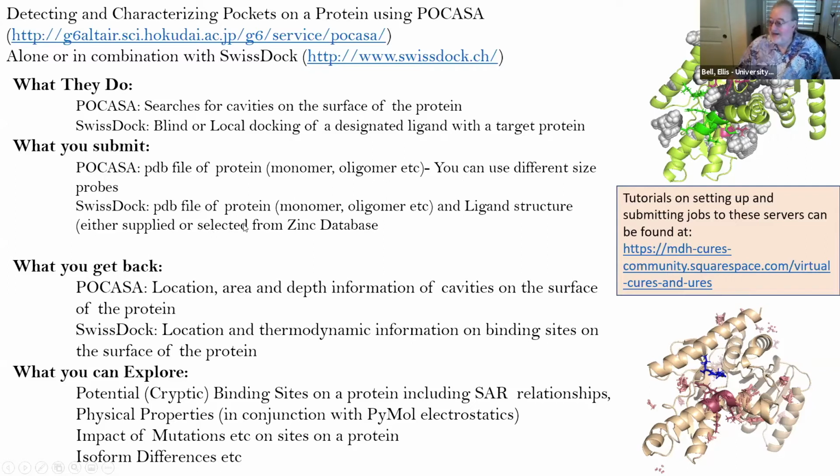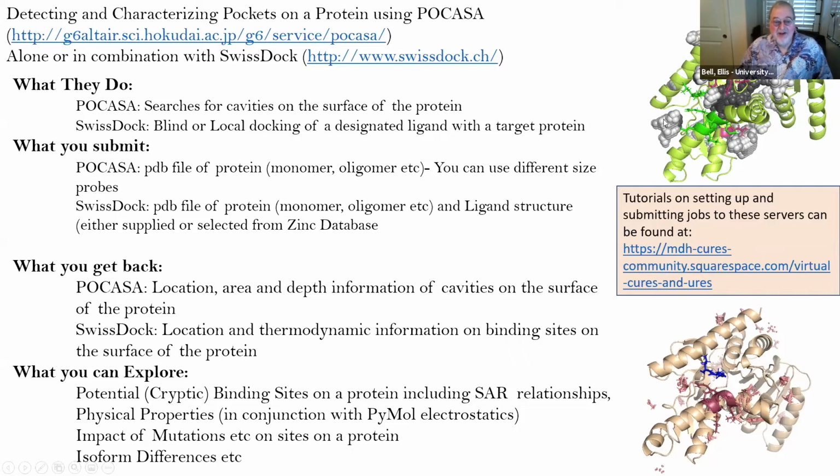You can make it in a program and upload it. What you get back, POCASA gives you the location, area, and depth information of the cavities on the surface of the protein. You can use different probe sizes. So up here is a picture of the cavities colored by depth.